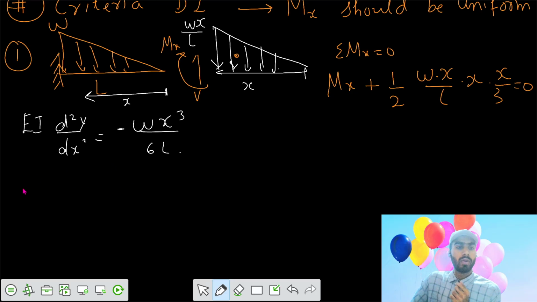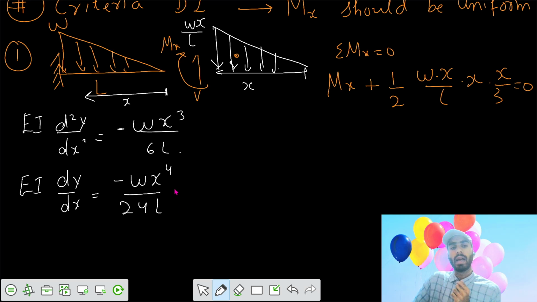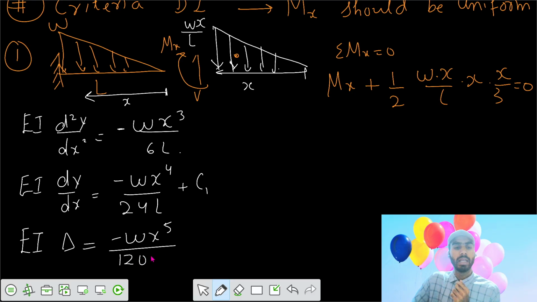Now integrate it. The first time we integrate, we get EI dy by dx equals minus Wx to the power 4 by 24L, plus constant C1. Then if we integrate one more time, EI delta, that is EI y, equals minus Wx to the power 5 by 120L plus C1x plus some constant C2.